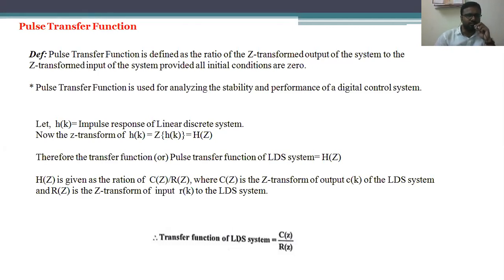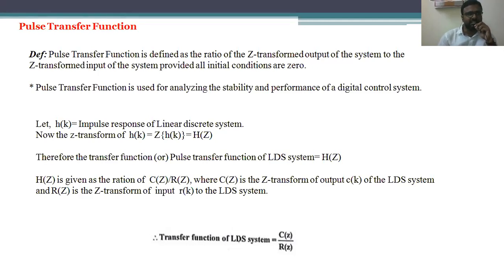Pulse transfer function. So for that, let us suppose h of k is the impulse response of a linear discrete system. Therefore, the Z transform of the impulse function h of k, that is Z of h of k, is equal to H of z.